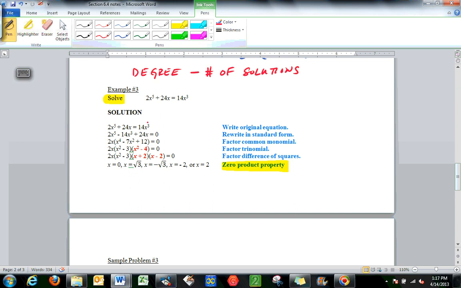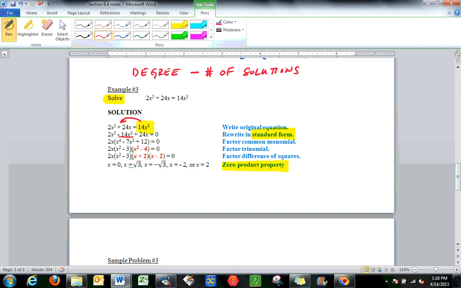So the first thing we need to do is subtract the 14x to the third from both sides. But pay attention to where it shows up in the second step here. Notice it went to the middle, right in between those two. That's because we wanted to write this in standard form. Once we've written it in standard form, then we can start the factoring process.